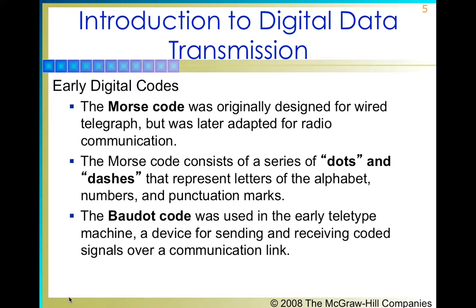The early digital codes were based on Morse code structure, which consists of dots and dashes, and these Morse codes were basically used to represent the alphabets, the numbers, and the punctuation marks, all in the form of dots and dashes.